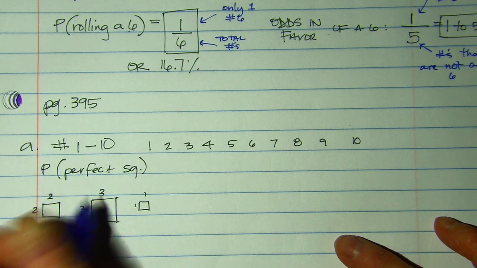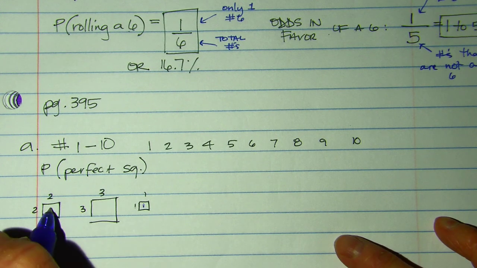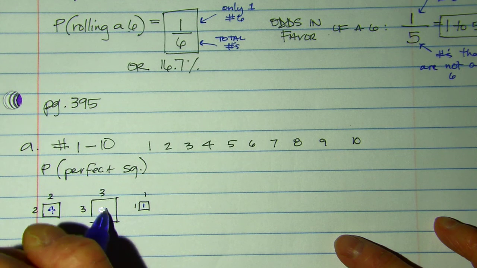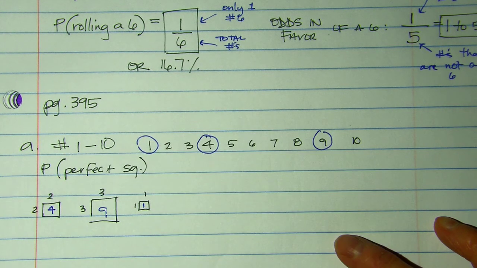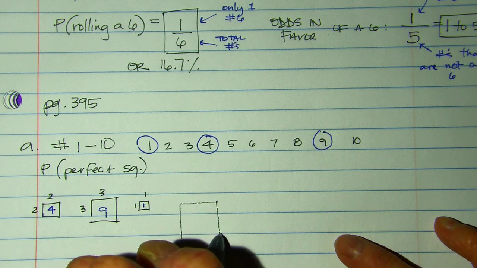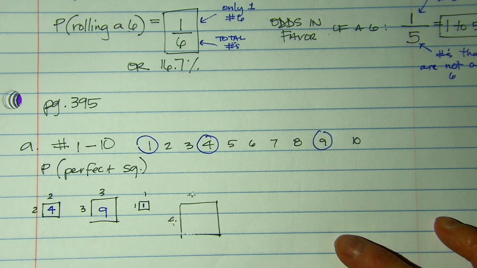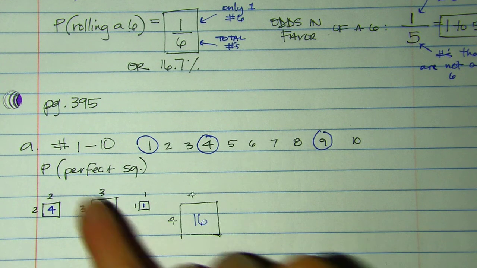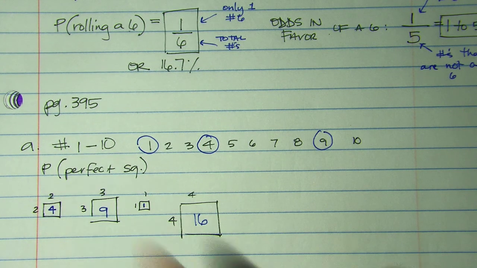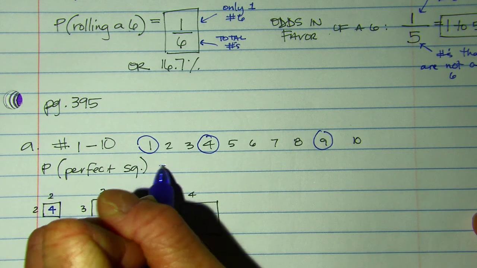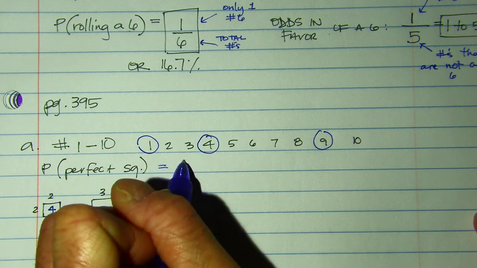So I'm looking at the numbers 1, 4, 9. So 1 is a perfect square, 4, 9, right? 16 is a perfect square. That would be a 4 by 4, which has an area of 16. I could keep going, but we're only looking at numbers 1 through 10. So I only have 1, 2, 3.